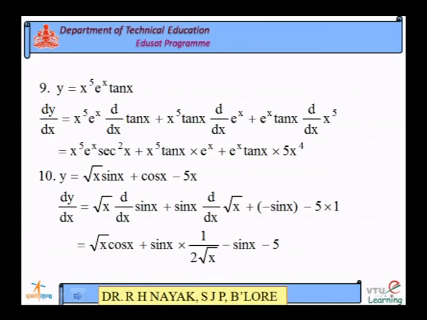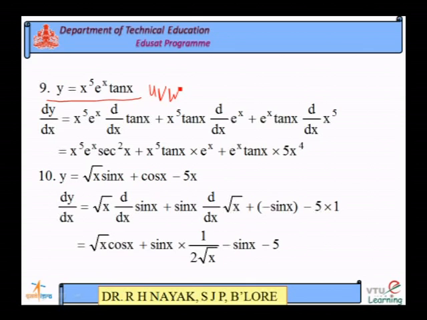See here we have a product of 3 functions u, v and w. When a product of 3 functions is given, we have to take the product rule for 3 functions.